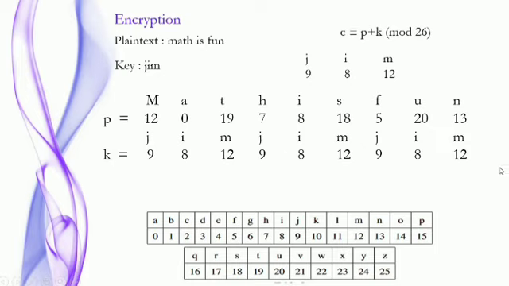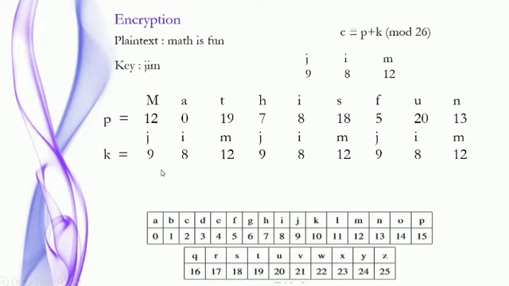There is also no condition that it should finish evenly. Suppose I have another letter, N: here J will be repeated and the corresponding number 9 will be repeated. So the key will be 9, 8, 12, 9, 8, 12, 9, and if we have another letter nearby, the key 9 will be repeated.